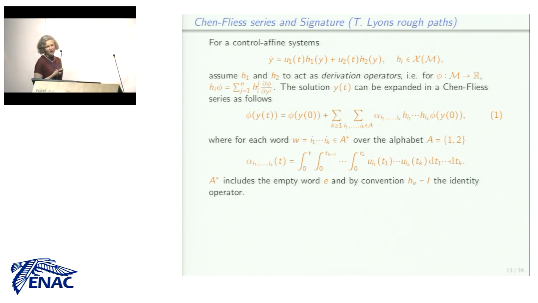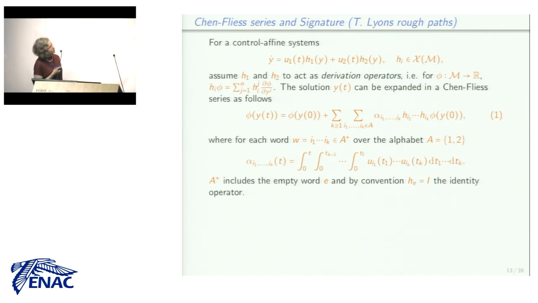And if we want to analyze these solutions, we could think of expressing the solution of such a differential equation by means of a Chen-Fliess series. And what is a Chen-Fliess series? It's an expression of this sort for the differential equation, where we are going to consider our vector fields as derivation operators.